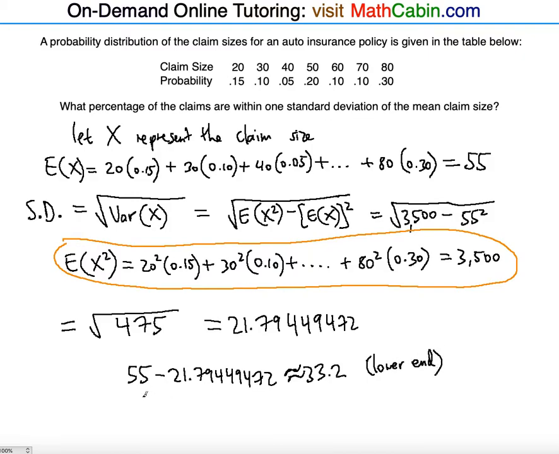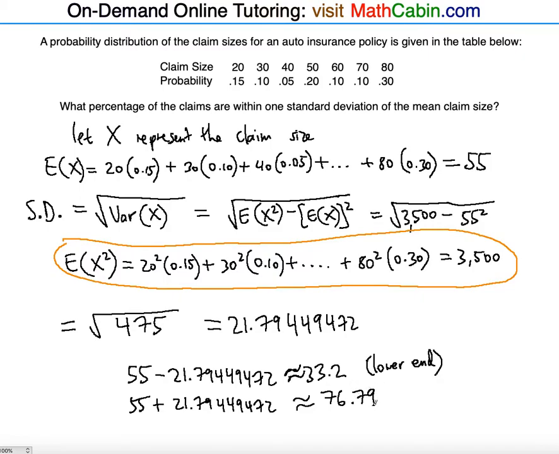Now the upper end is going to be basically adding the 21.79449472, and we can round this as well. Plus 21.79449472. That gives me about 76.79.